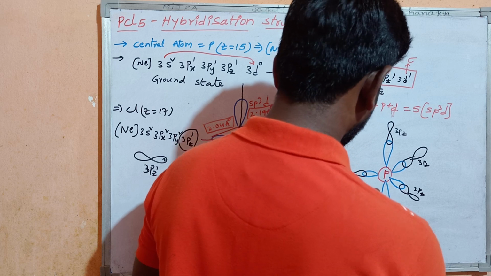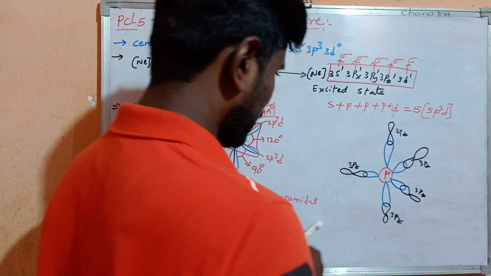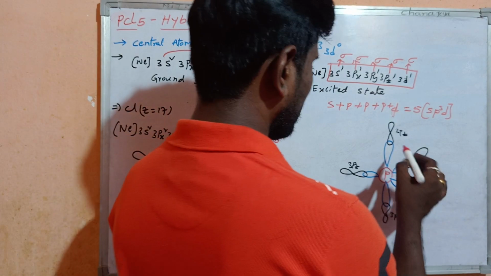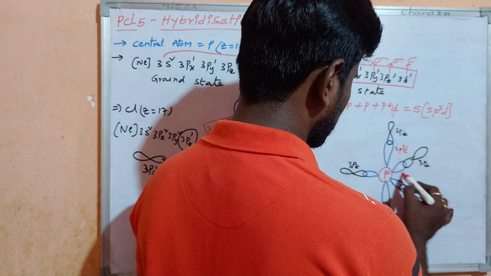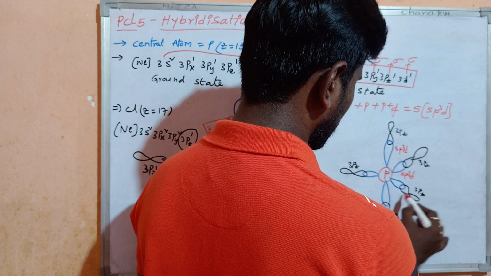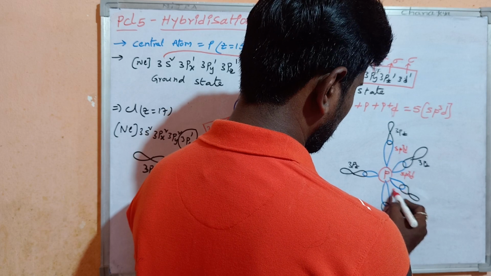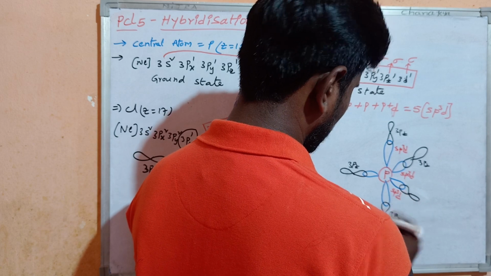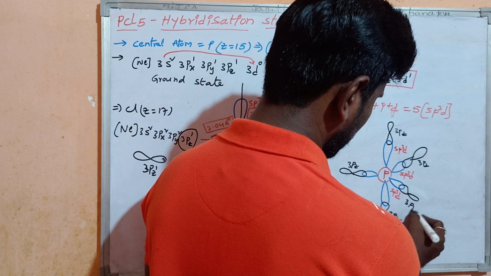Remember all of you, 3pz of chlorine. These 5 3pz orbitals are bonded with the sp3d orbitals of phosphorus.